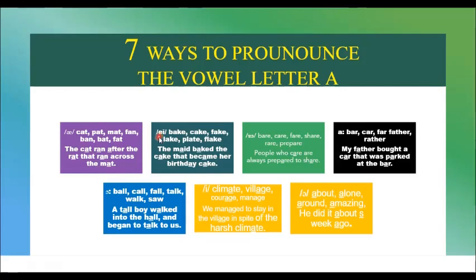A diphthong is a glide whose articulation involves a movement from one vowel quality to another. It begins with one sound and then it glides towards another vowel quality, E.